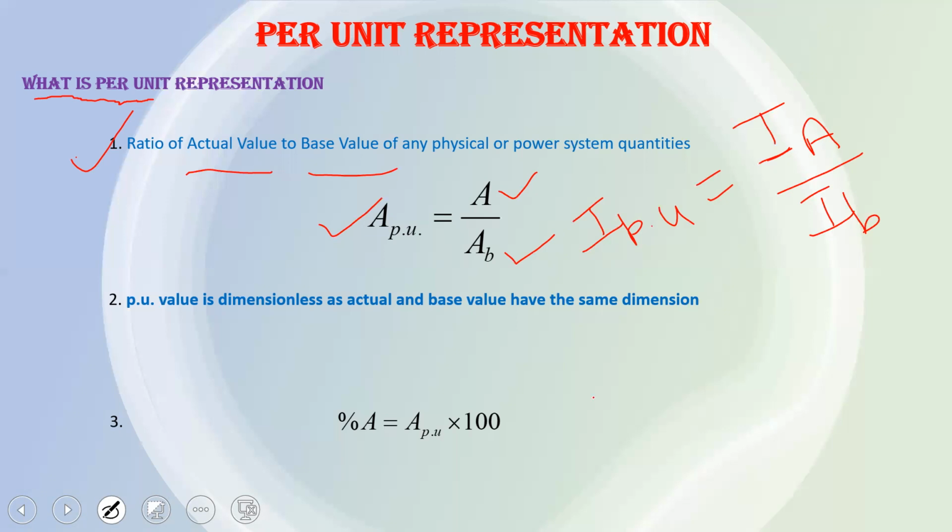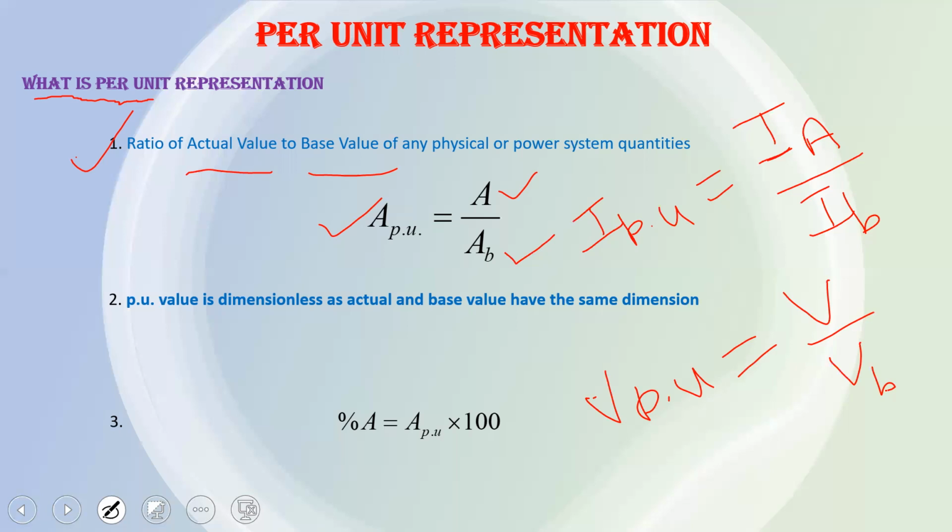Similarly, if you want voltage in per unit, and voltage is given in volt, you will take the ratio between its actual value and its base value. In this way, you can convert volt into per unit or ampere into per unit.